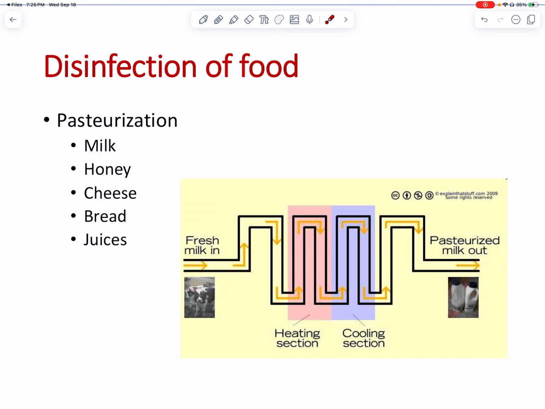Like in cases of milk, it's only going to be for about 15 seconds. Immediately afterwards, the milk is then cooled to 4 degrees, which is about the temperature of our fridge at home. This process of very quick heating and then very rapid cooling actually allows for the microorganisms to be killed off, at least for the most part.